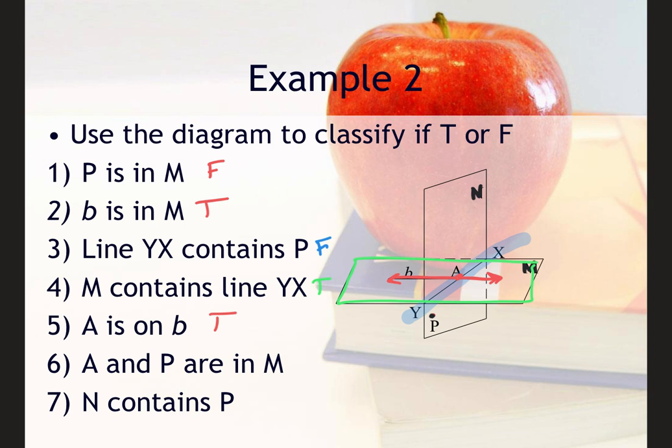A and P are in M. A is in M, but P, we already said, was not in M, so this is false. And 7 says N contains P. N is that plane, now it's the vertical plane. Contains P. P does lie on that plane, so this is true.